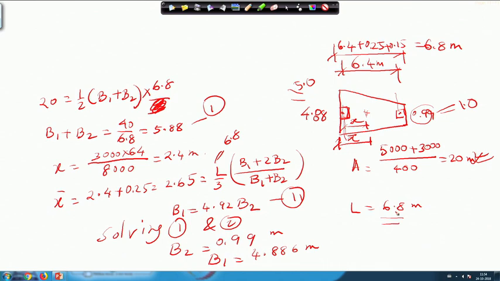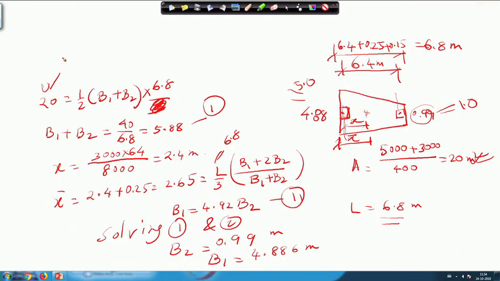This first part is to be obtained, and then once this area is known, based on unknowns B 1 and B 2, I can find out the area, and that gives one equation.